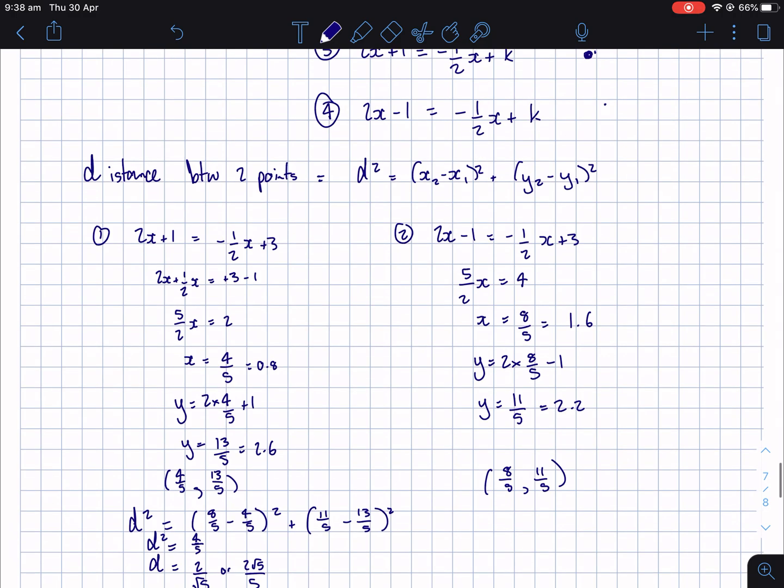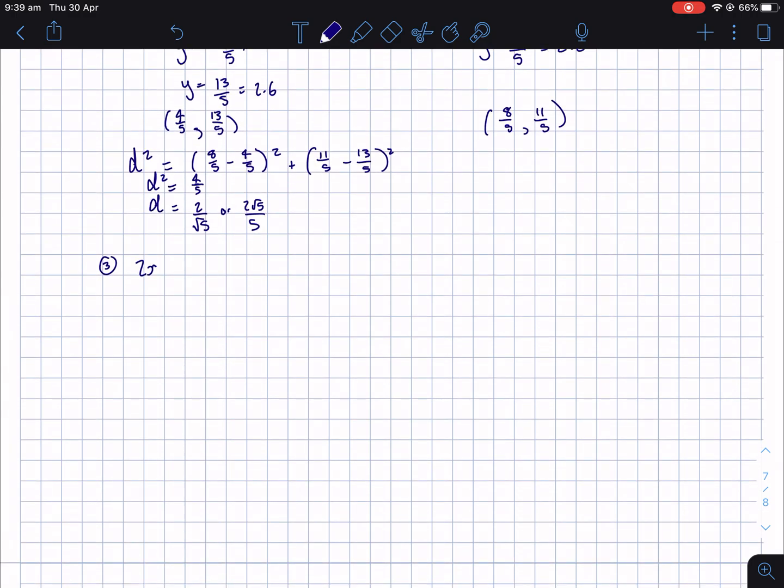So we've got 2x plus 1 equals negative half x plus k. So this gives us 5 on 2 x equals k take 1.